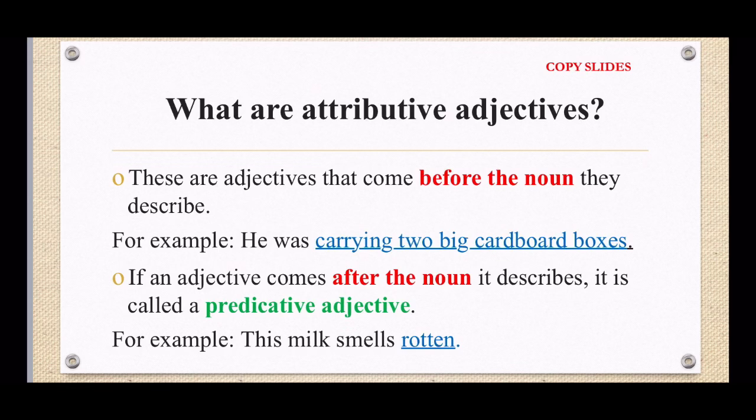We know that milk is our noun because it is a thing, and rotten is our predicative adjective. So attributive adjectives always come before the noun, and predicative adjectives always come after the noun, right? Remember that, and also remember to copy these slides.